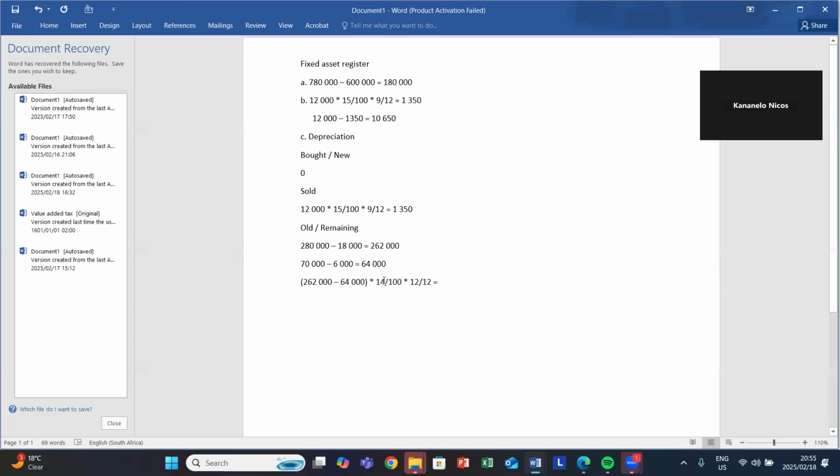Multiply by 15%, not 14. Apologies, guys. It's 15, so our value will change. We get 29,700.